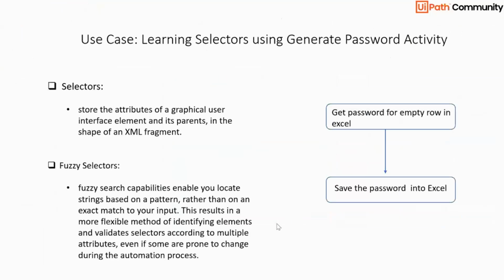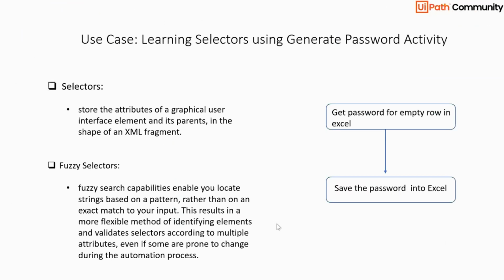Okay. So the next use case we have is a generate password activity. So we have an Excel which will have certain rows and we need to go to the URL to get the password. And once we fetch the password from the application, I have to save this password in an Excel. Okay. And in this activity, since we have already seen the selectors and the fuzzy selectors, let me reiterate.